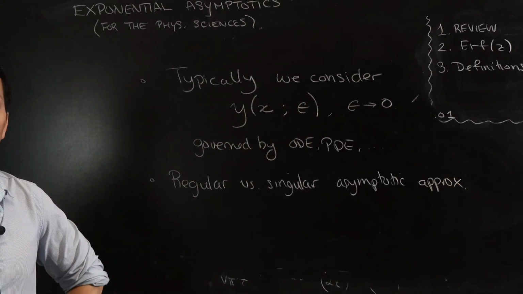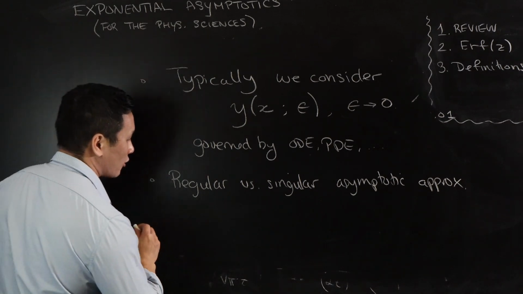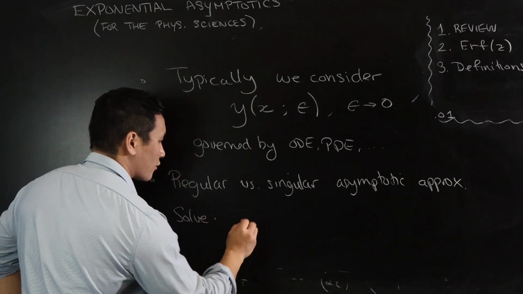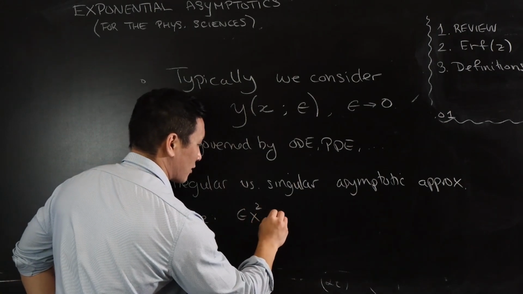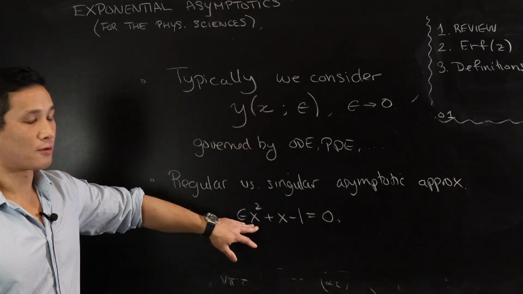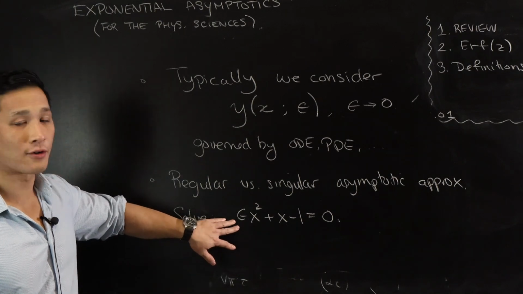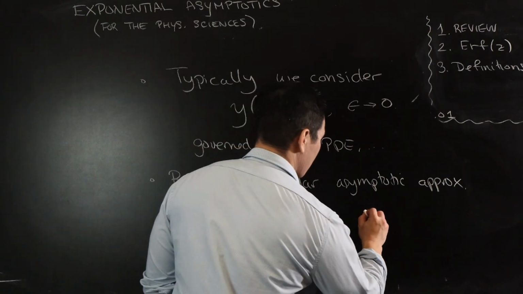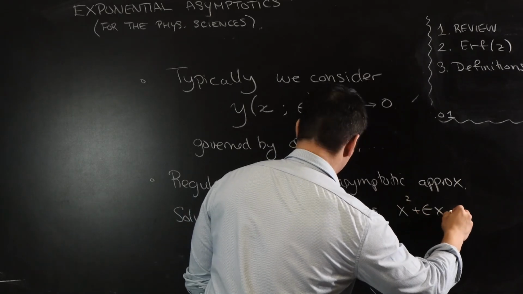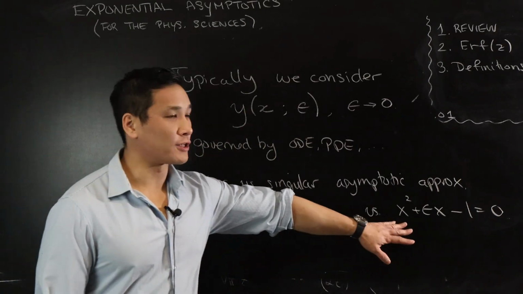So a very simple example of this is that if I want to develop the roots to an equation, suppose I want to solve, let's say, epsilon times x squared plus x minus 1 equal to 0, I want to develop a power series expansion of x in powers of epsilon for this series, versus if I have, let's say, x squared plus epsilon times x minus 1 equal to 0. Versus if I want to solve this polynomial equation.